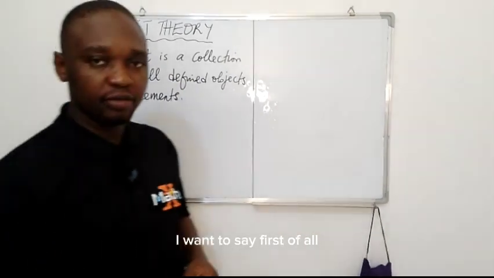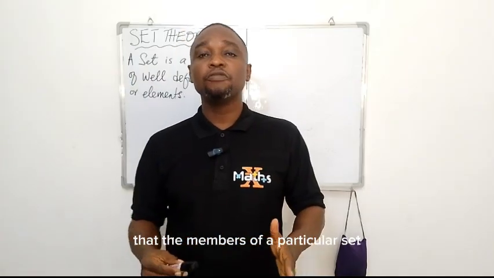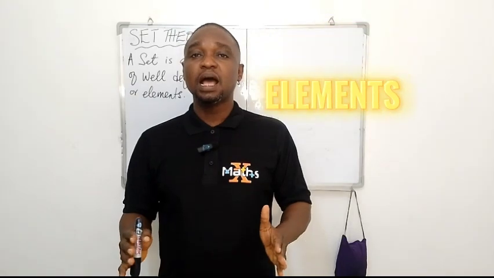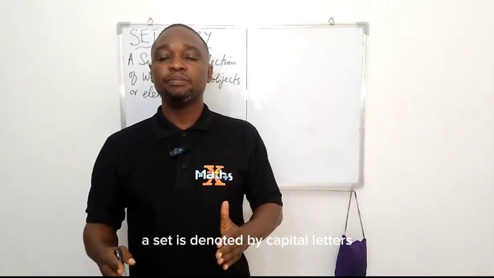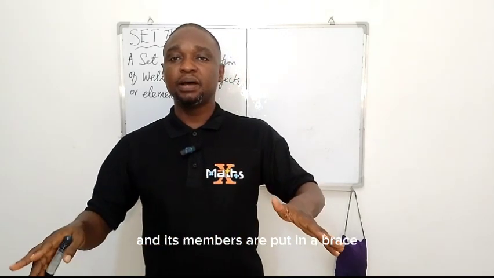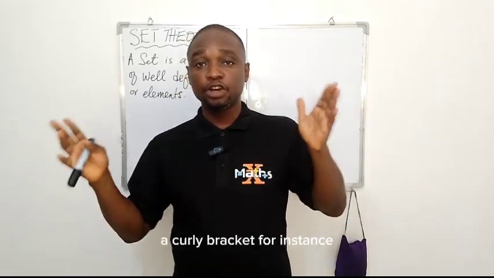I want to say, first of all, that the members of a particular set are called its elements, and they are separated by commas. A set is denoted by capital letters, and its members are put in a brace, what looks like a curly bracket.